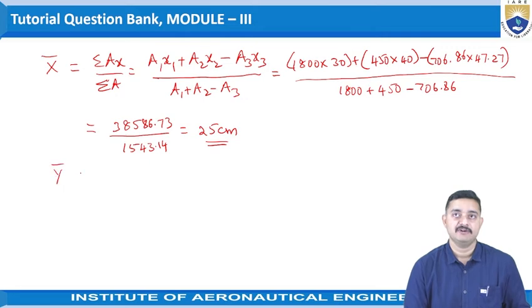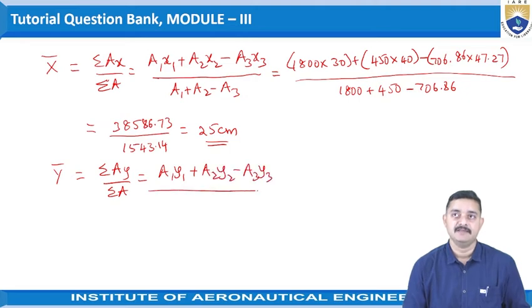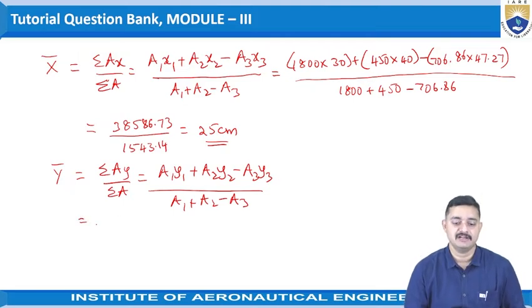Now coming to the y coordinate, sigma ay by sigma a. So that would be a1y1 plus a2y2 minus a3y3 by a1 plus a2 minus a3. So in similar fashion, we will be substituting the values.